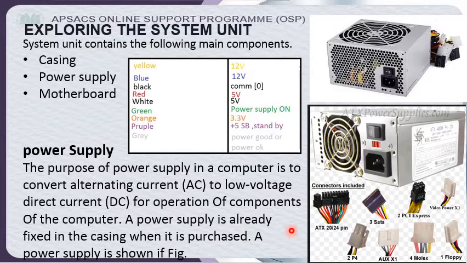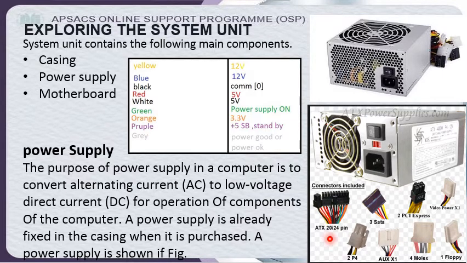A power supply is already fixed inside the casing whenever you purchase your system. In a power supply we have some types of connectors. The main connector is going to be connected to the motherboard.